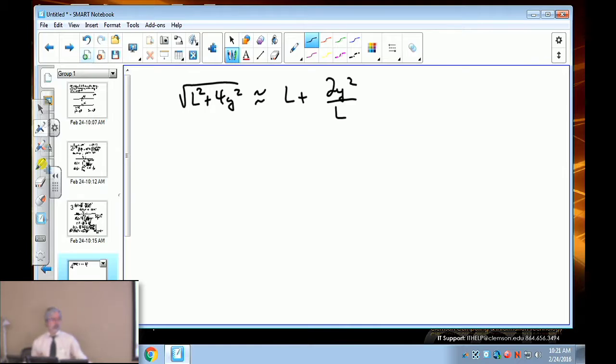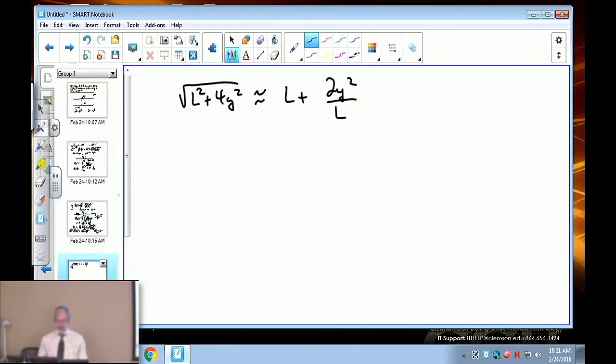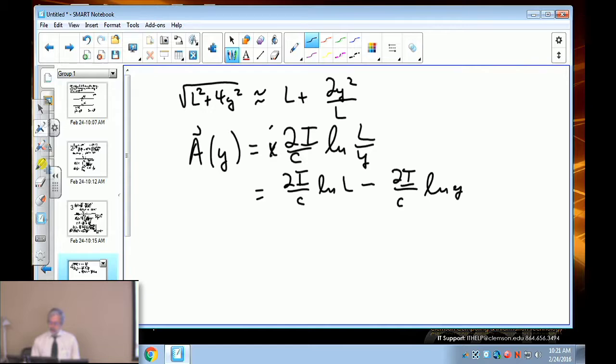So that's approximately equal to that for y much less than L. And so if you carry that out and put that back into the expression that we have here for A, then you get that the leading behavior for the A field is in fact just 2I over C natural log L over Y. And if I remember that the log of the ratio is the difference in the logs, I could rewrite this as 2I over C natural log L minus 2I over C natural log Y. All of this is in the x direction, x hat.